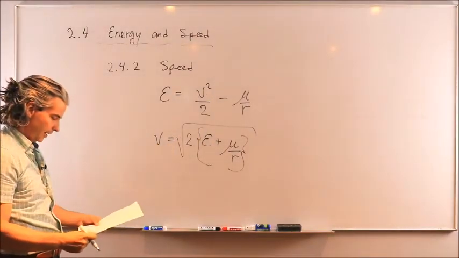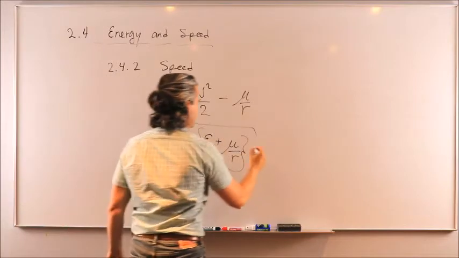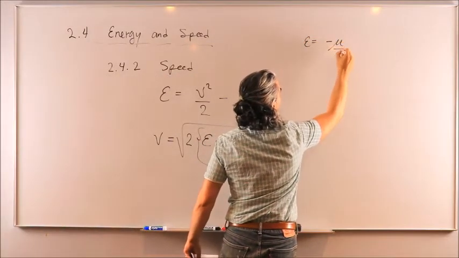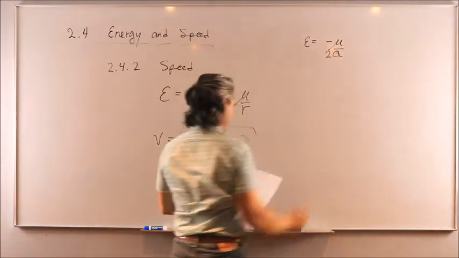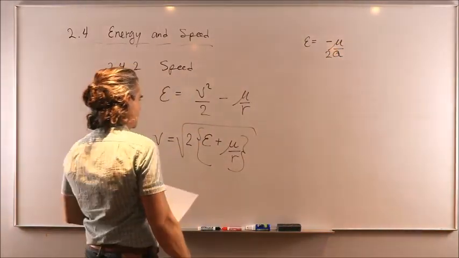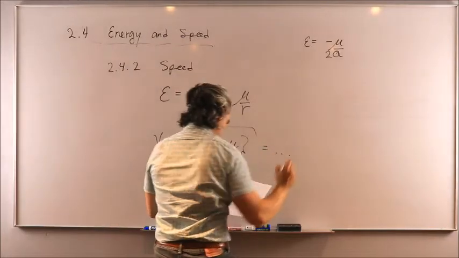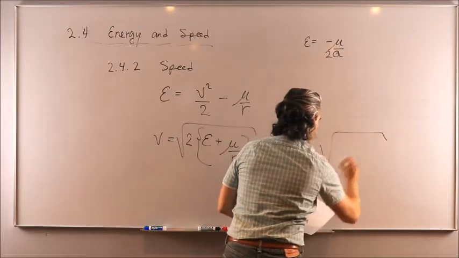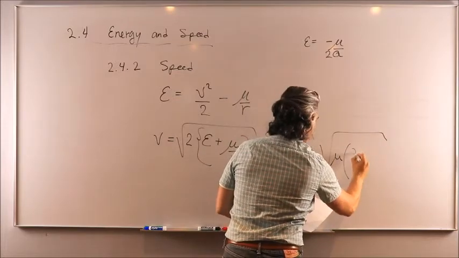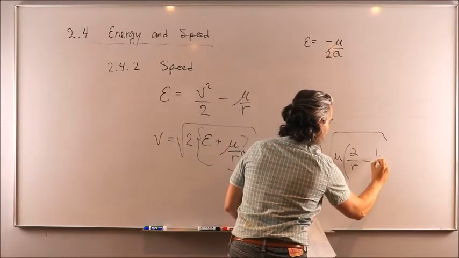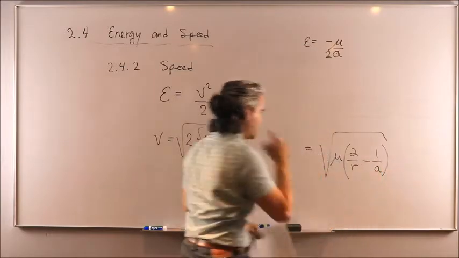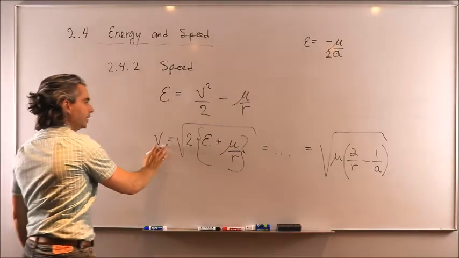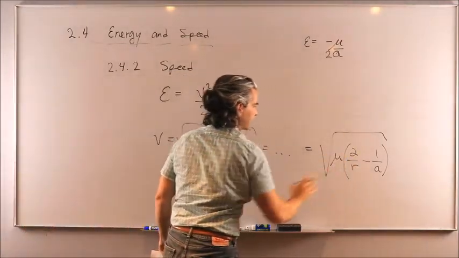Nothing too difficult here. Which, using our new version of the orbital energy equation, which is minus mu over 2a, I can rewrite that expression as being equal to square root of mu times (2 over r minus 1 over a). So speed equal to this.